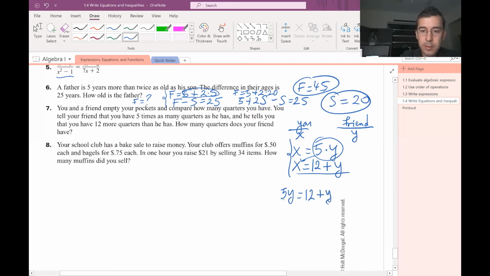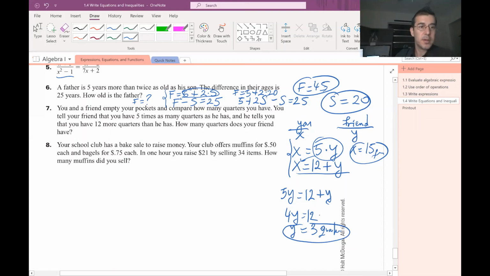This plus y becomes minus y on the other side, so 5y minus y is 4y. 4y equals 12, or y equals 12 over 4, or 3. Y, your friend, has 3 quarters, and then you have 5 times 3, 15 quarters. How many quarters does your friend have? 3. So 7 is 3 quarters.